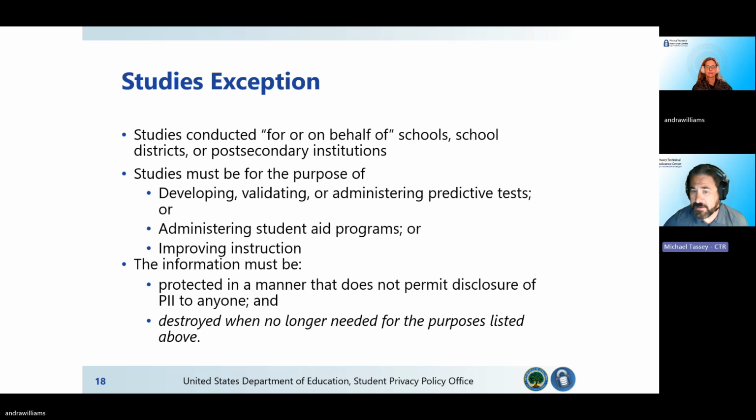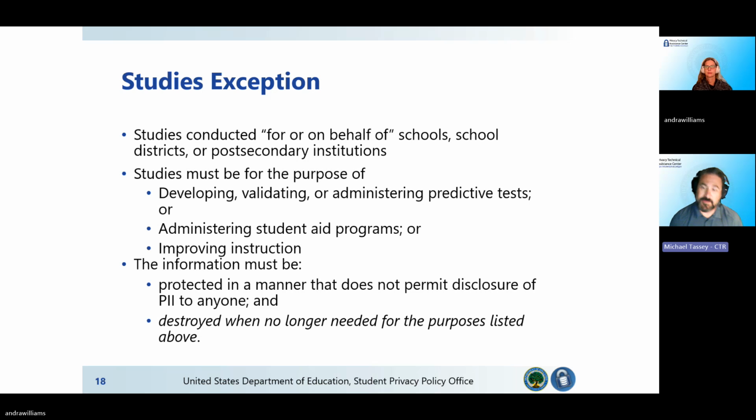Let's talk about the studies exception. And again, this is a studies exception, not a research exception. So a lot of folks have some confusion about that. If a researcher comes to you and says, hey, I'd like to get access to your institution's data because I'm doing a research project on so-and-so, they're not entitled to receive that data. When we talk about studies, we're talking about studies that are conducted for or on behalf of your institution, not simply because some researcher wants access to the data.